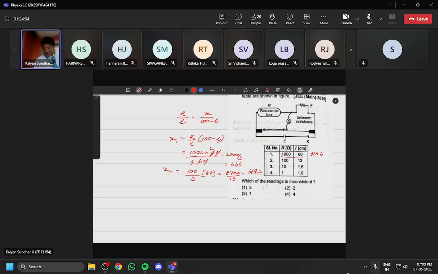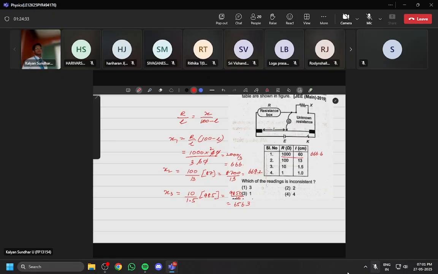Now next comes your x3 value. For the x3 value, the resistance is 10, divided by length, which is 1.5. So 100 minus 1.5 is 98.5. So it will be 9850 divided by 15, which is approximately 656.3.